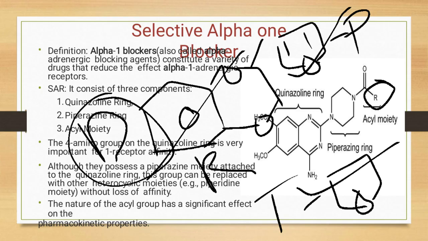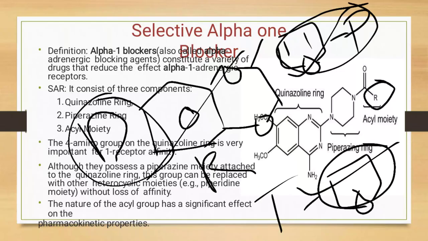As well, its half-life increases to 9 to 12 hours compared to the half-life of prazosin, that is 2 to 3 hours. And doxazosin has the highest half-life among these three, 22 hours, and actually 36 hours of activity.